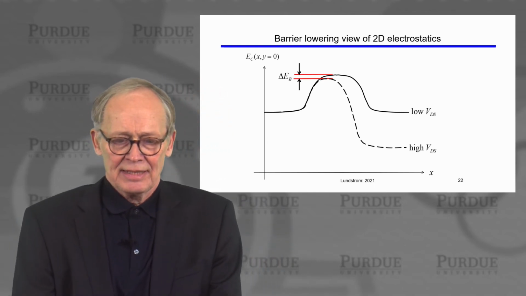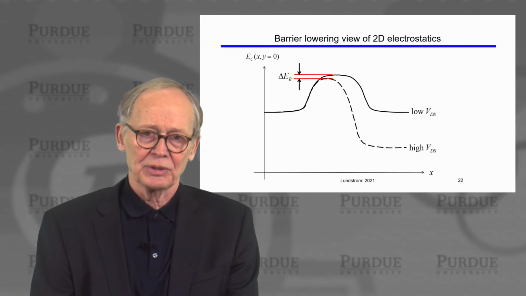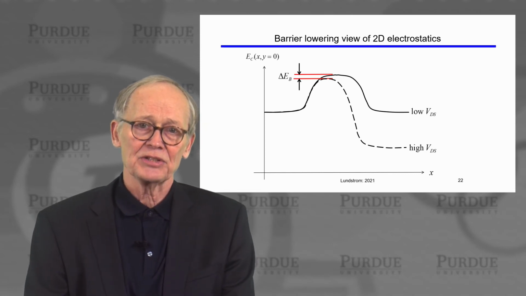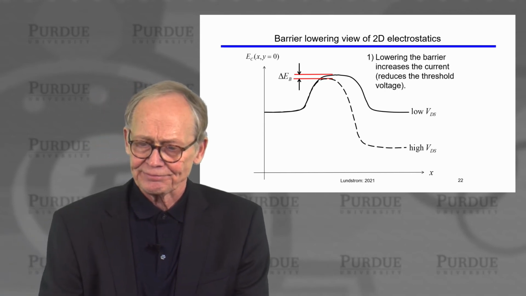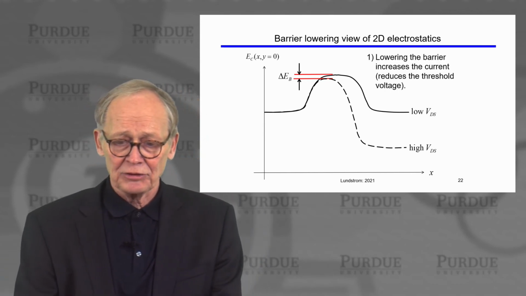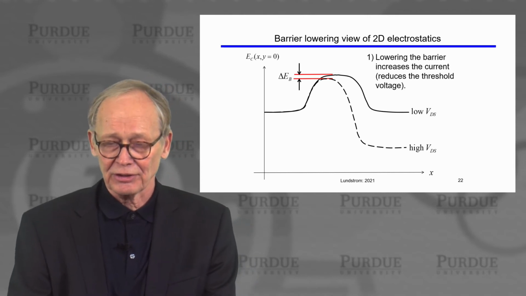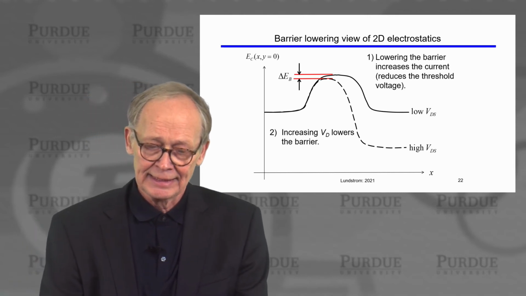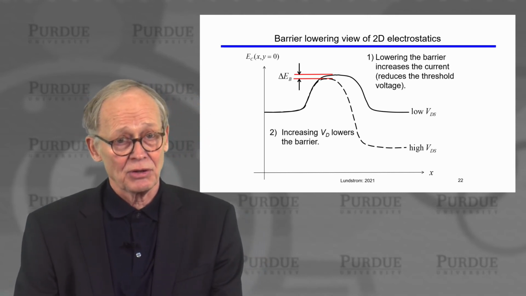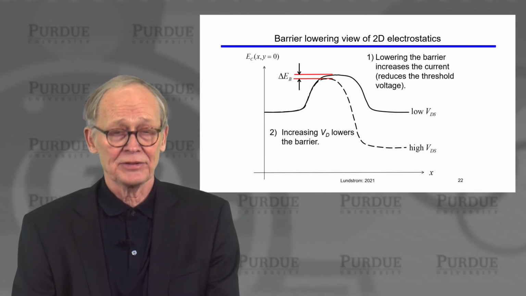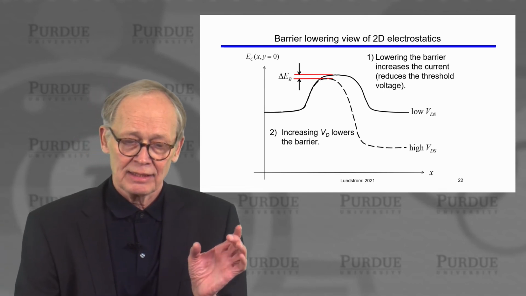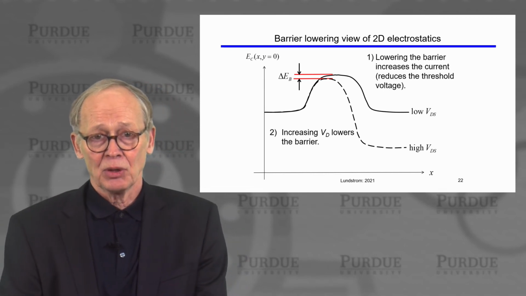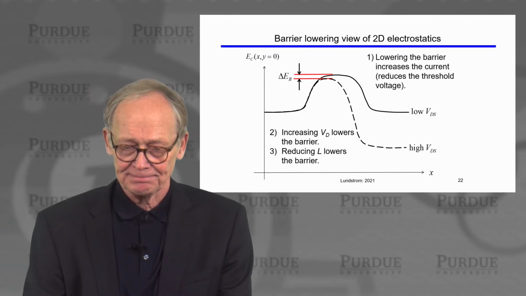So that's a consequence of the 2D fields that are reaching through and pulling down this potential barrier at the source. So lowering this barrier increases the current and reduces the threshold voltage. Increasing the drain voltage also will lower the barrier. So either shrinking the channel length or increasing the drain voltage, both of them can lead to this effect.